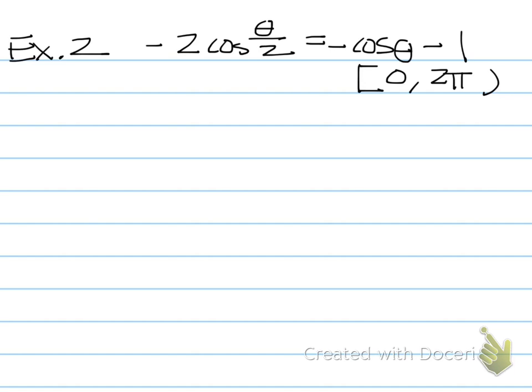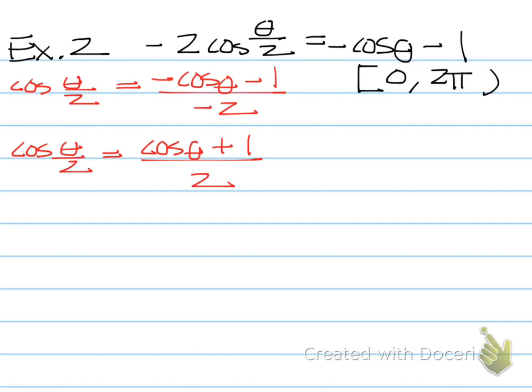For this one, we've got a half angle, so we're going to be using that half angle identity. First thing that I did was divide both sides by -2 to isolate that cosine of theta over 2. And then I just change the sign.